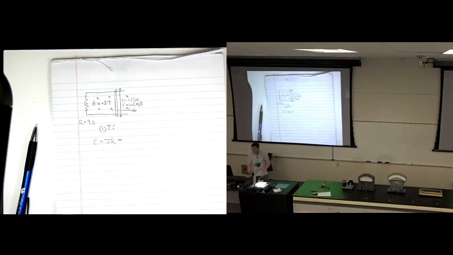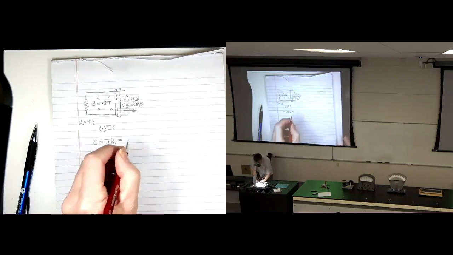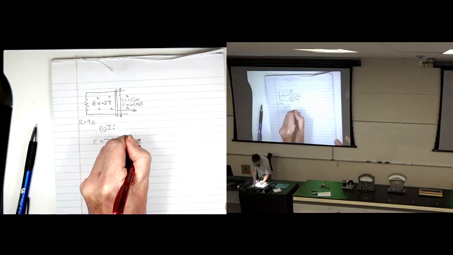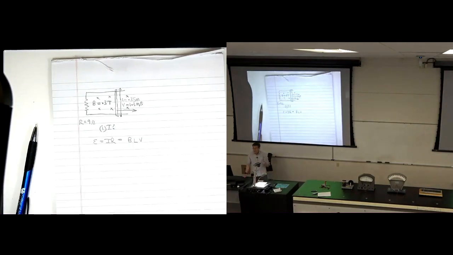Faraday's law says that induced EMF is produced by a changing flux. And in this case, the change in flux is given by BLV: the magnetic field that's passing through the circuit, the length of the rod, and the speed of the rod, that determines the induced EMF.